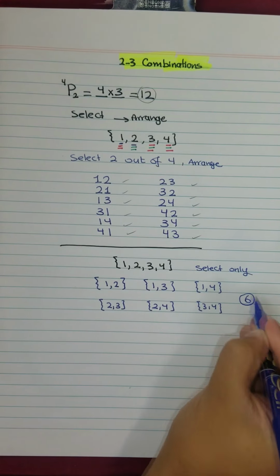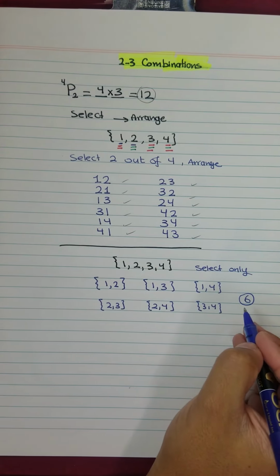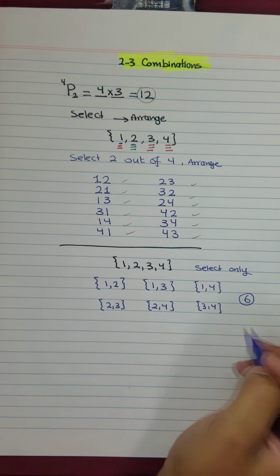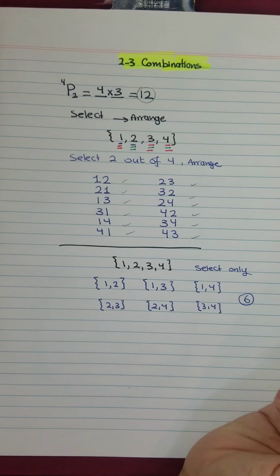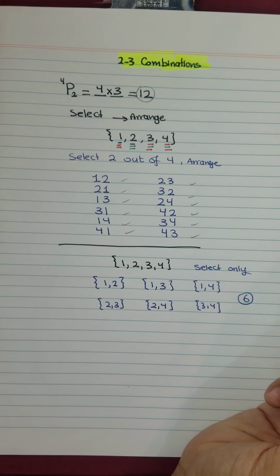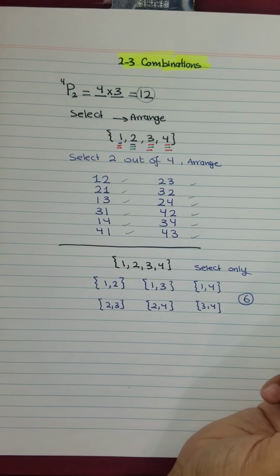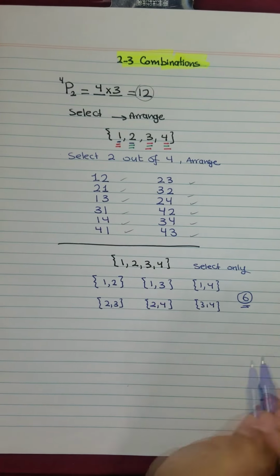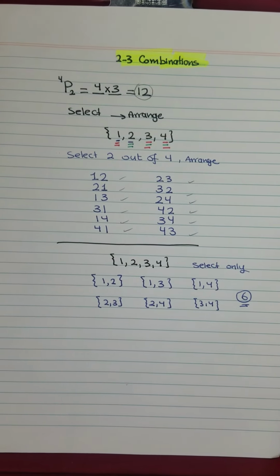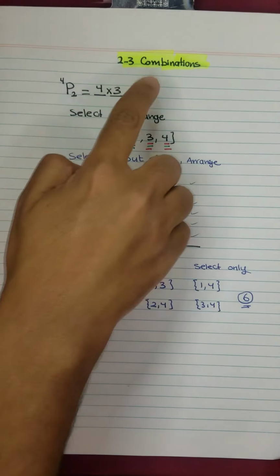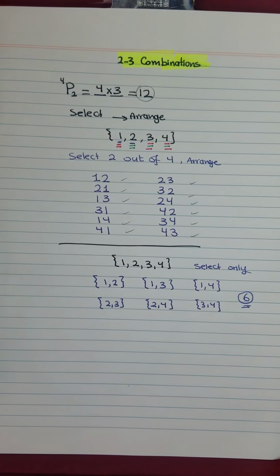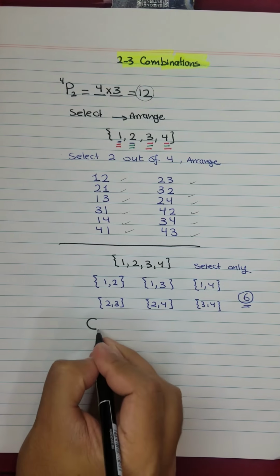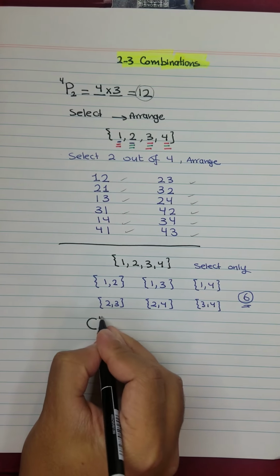Now this number is not going to be a permutation, because in permutations, we select and then we arrange. This time we don't want to arrange, we just want to select. So this number, the six possible answers, is what is called a combination. So this can be expressed as a combination of 2 elements out of 4 elements.